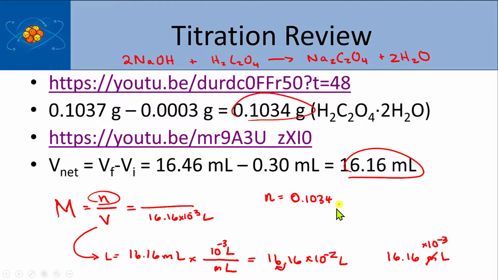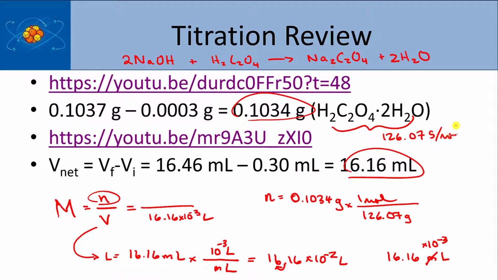Now the molar mass, that's grams, and then it's 126.07 grams for every 1 mole. And I just got that by adding all this. This is the 126.07 grams per mole.